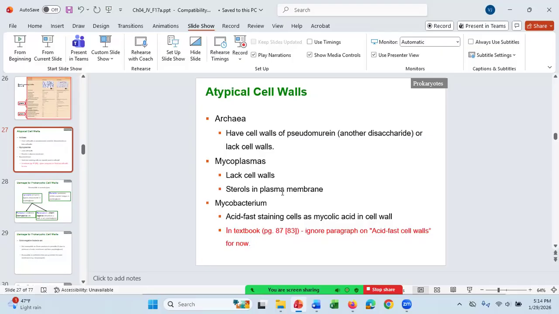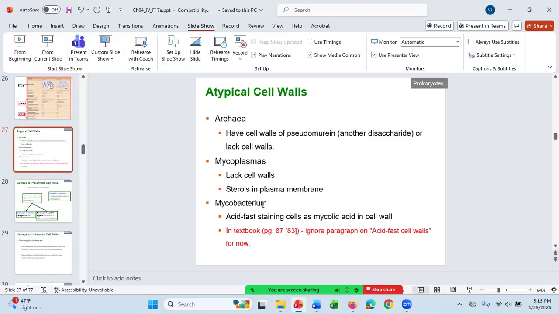If you remember, in animal cells, we have cholesterol in our cell membrane to give the cell membrane strength. Well, the mycoplasmas have another sterol in their cell membrane to give the cell strength. And that's because they lack a cell wall. They stain gram-negative because they don't have peptidoglycan in their cell wall. They don't have a cell wall. Any question about the mycoplasmas?